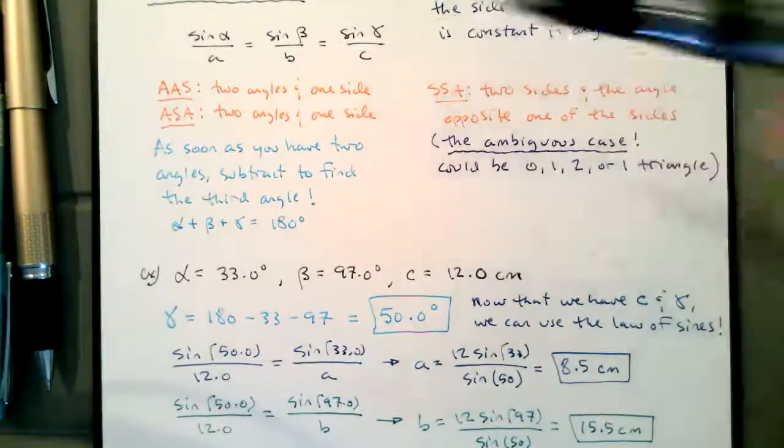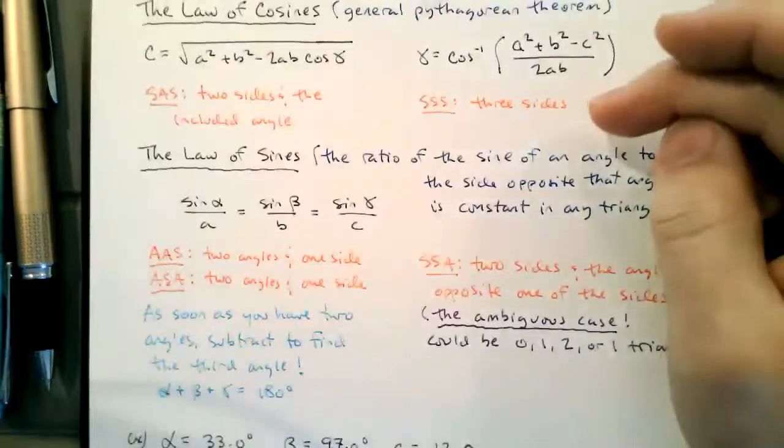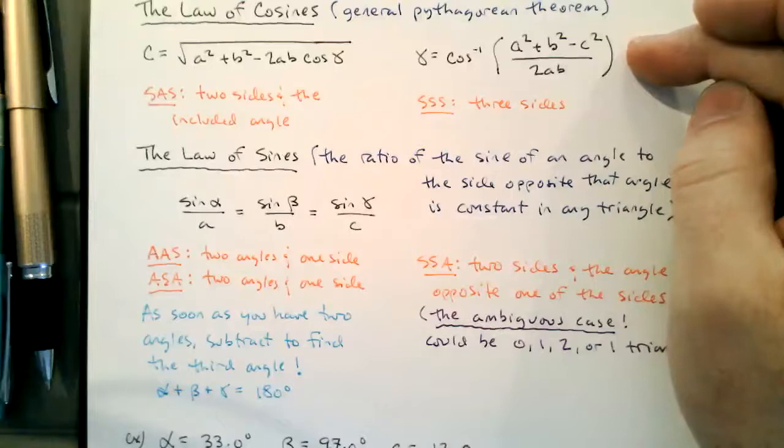Gamma and C, that's a case to use the law of sines. If you're given two angles, you use subtraction to get that fourth piece of information. If you're given three sides, you use the angle form of the law of cosines to get that fourth piece of information.